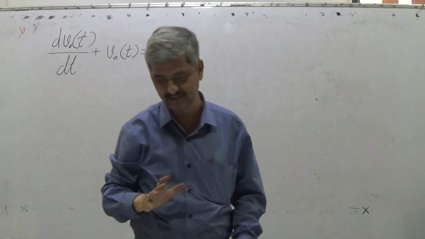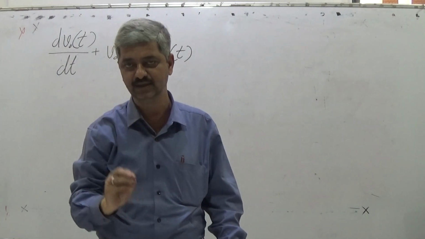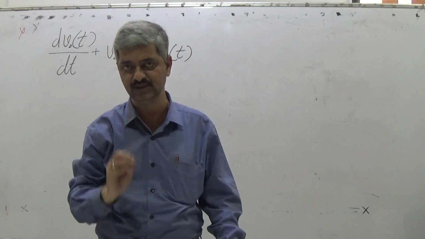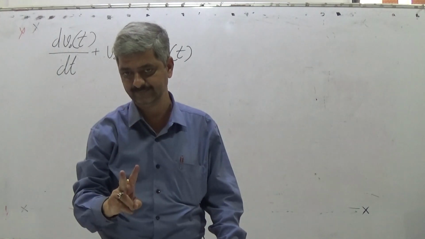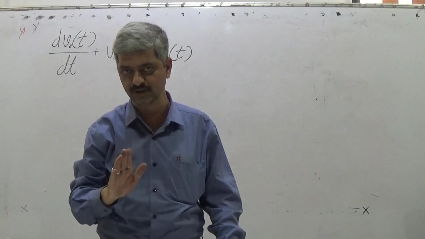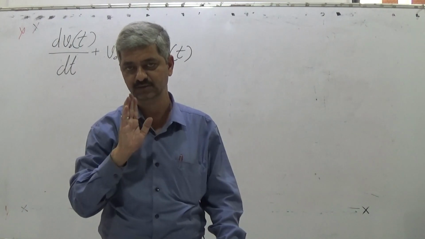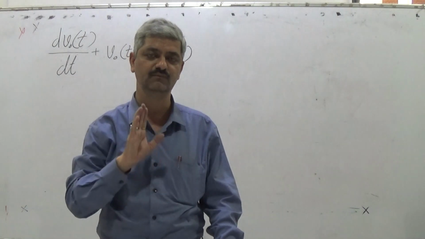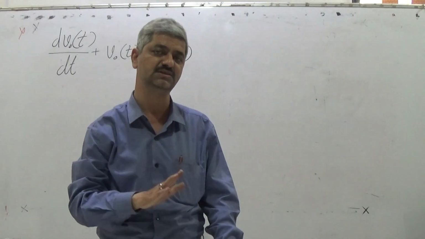We are solving dV/dt plus V equal to V in t. V in t was 1 and V in t was t. There are two cases we are attempting. In order to proceed for the solution, we will think of peculiar functions.